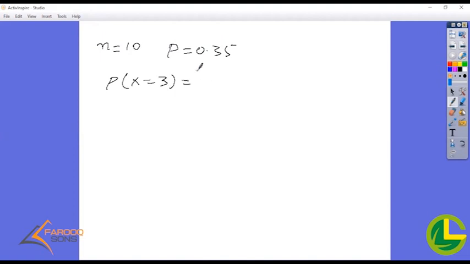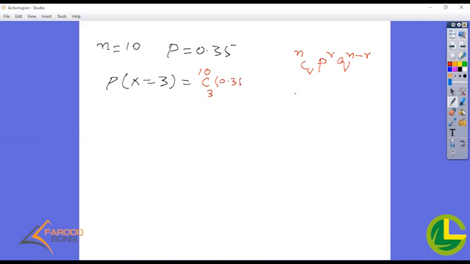According to the formula I wrote, nCr p power r q power n minus r, or you can use x also, no matter. So here this becomes 10C3, 0.35.